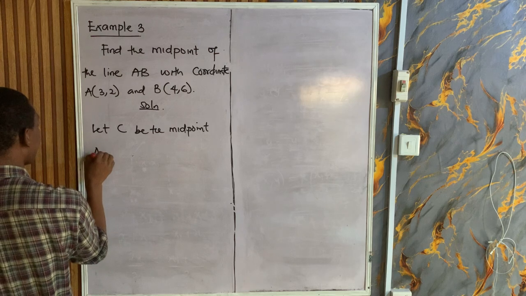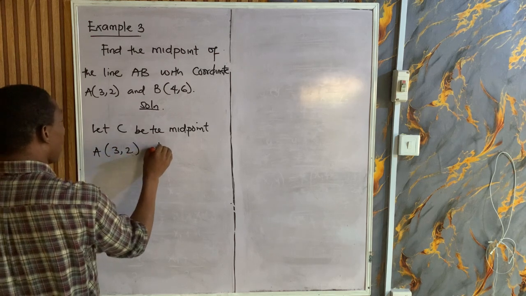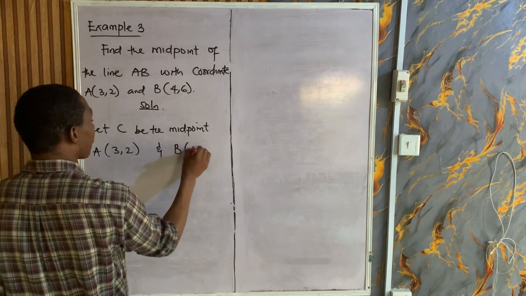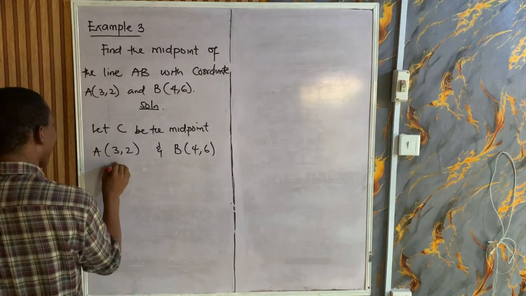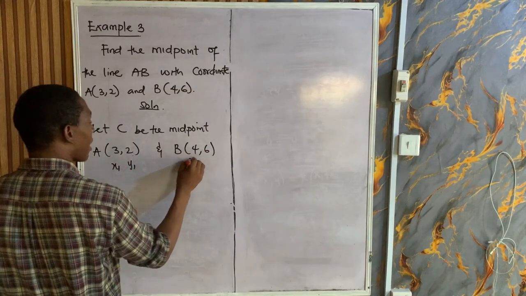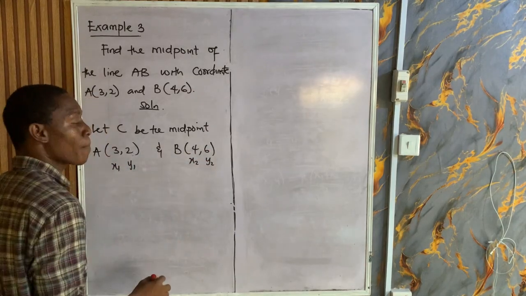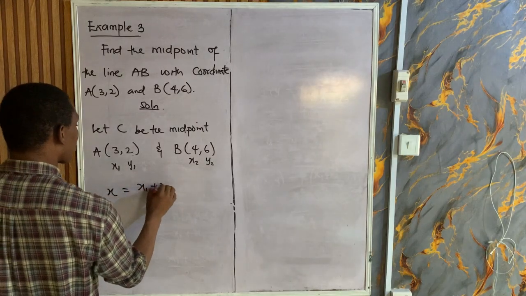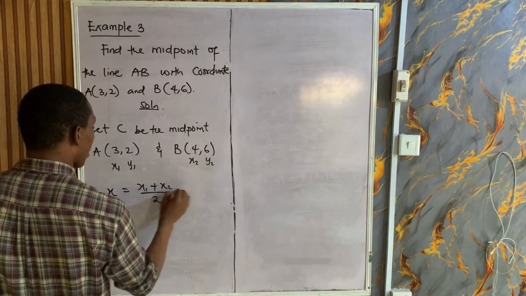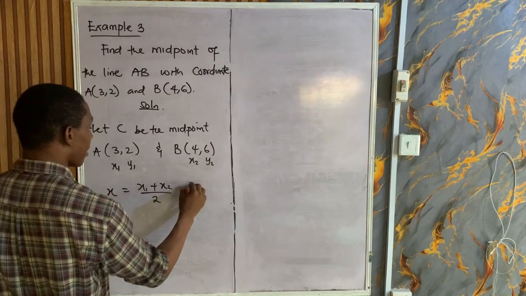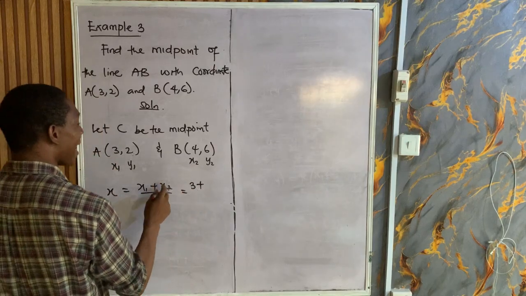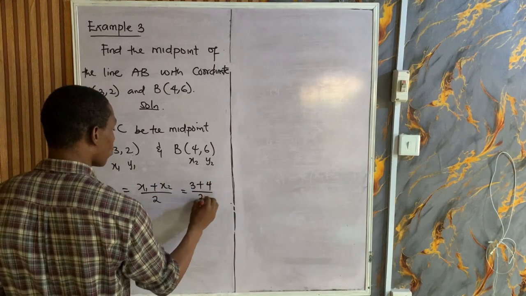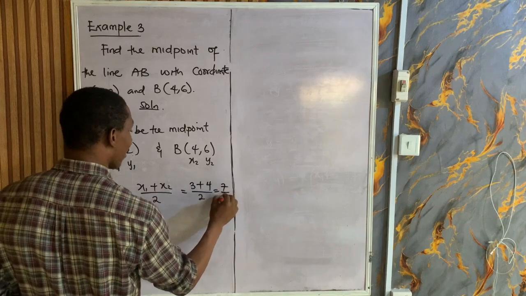Already we are given that A is 3,2 first and B is 4,6. This is our x1, y1, x2, y2. And so to get x is equal to x1 plus x2 over 2. And what's our x1? 3 plus what's our x2? 4 over 2. This gives us 7 over 2.